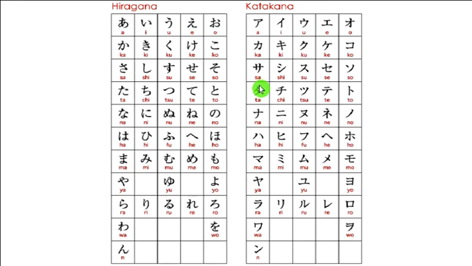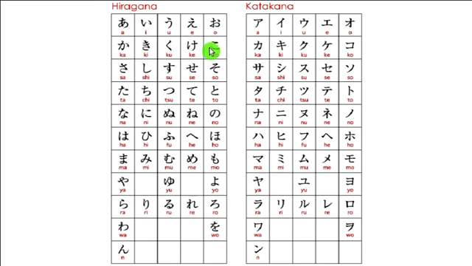While you're still familiarizing yourself with hiragana and katakana, it might help to take a look at the romaji. So what is the romaji? This is the romaji and this is the Japanese character.